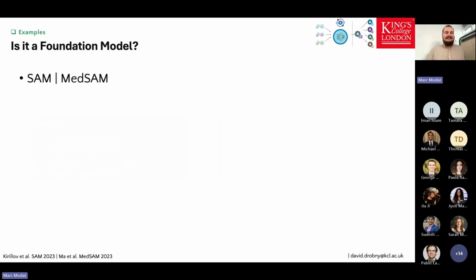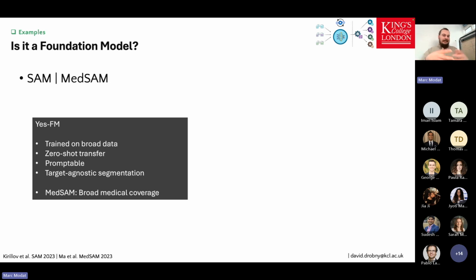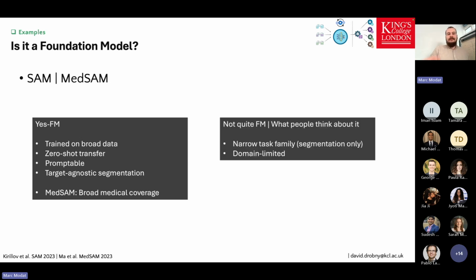All right. Next one, SAM, Segment Anything. We see opinions for and against. So the arguments are, okay, we have the transferability, we have zero-shot capabilities. On the other hand, some people might argue it's a narrow task, so it only does segmentation. Is it a foundational model that only does one thing?